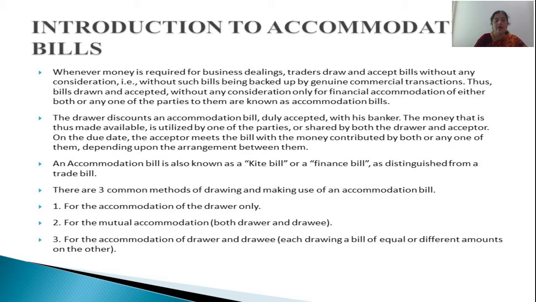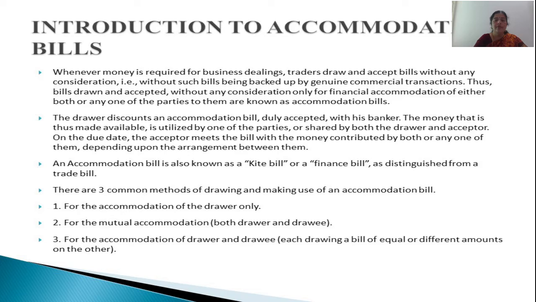But in this case, to honor the bill, the drawee does not have any amount as such, because he has neither purchased the bill from the drawer nor purchased any goods from the drawer, and he has nothing to do regarding the finance related to the bill.